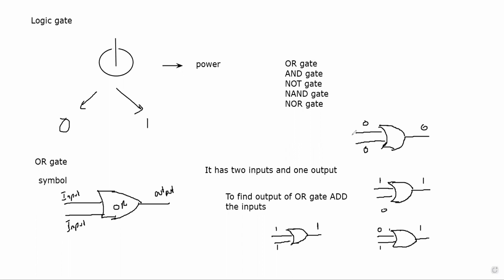Same way, OR gate is by addition, and if we have AND gate, it has its own circuit symbol. The AND gate circuit symbol resembles the letter D. These two are the inputs, and one is the output.